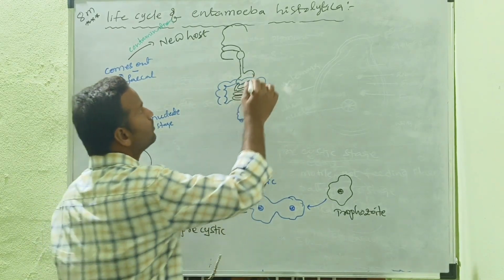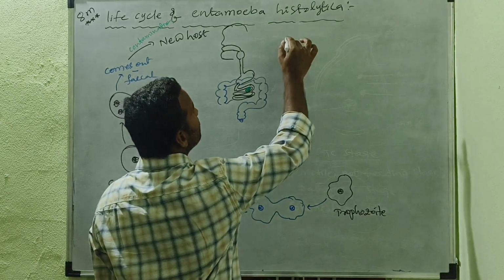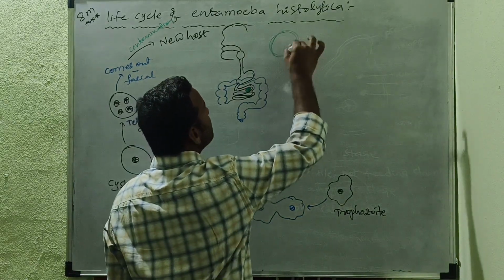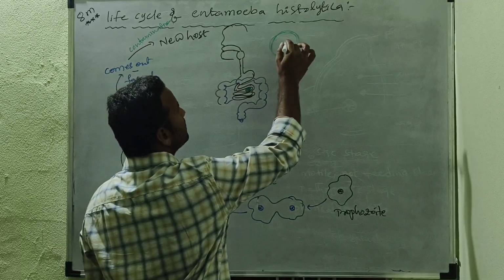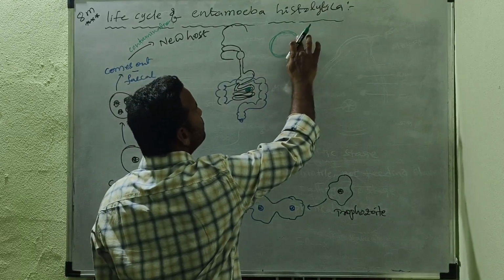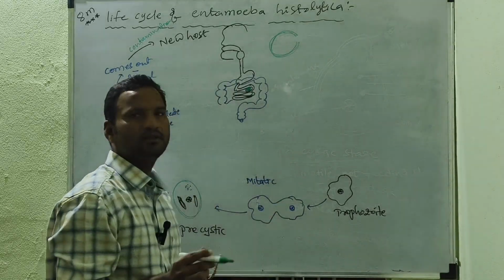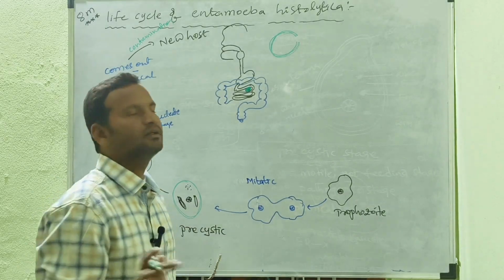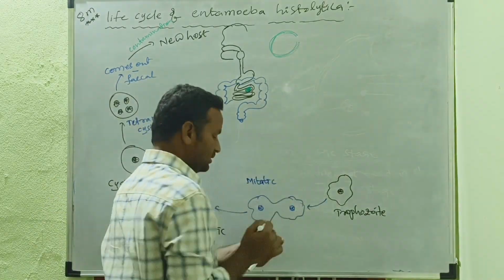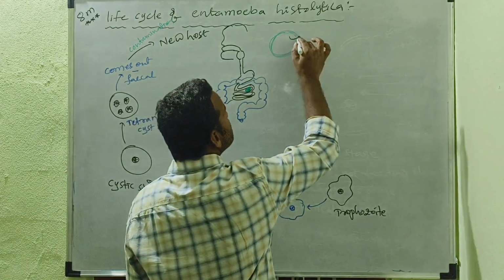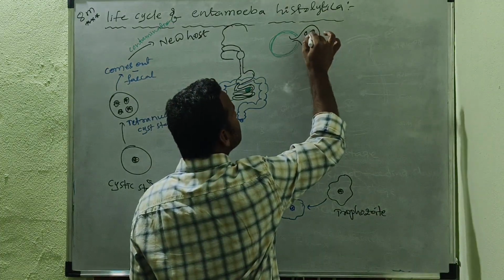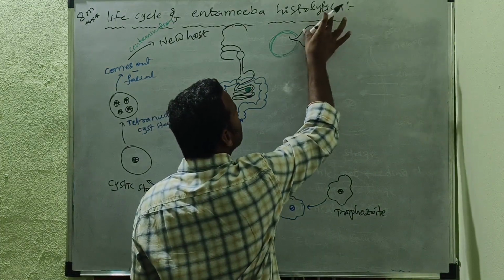Here it is the cyst wall, in which the tetranucleate stage is present. Due to dissolving, the cyst wall gets ruptured. Due to dissolving the cyst wall, the tetranucleate stage comes out.